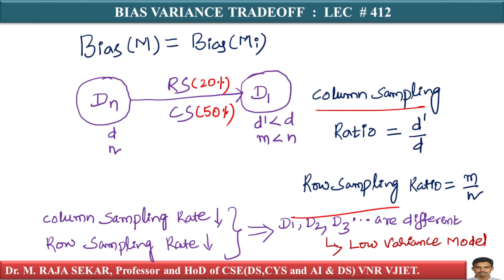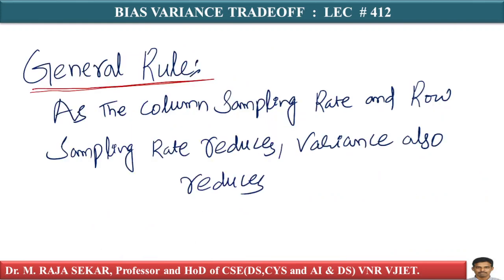But of course, you should not keep your row sampling rate so small. For example, if you say row sampling equals 0.1%, then you may not have enough points in D1 to train a model. So keep them at a reasonable level and play around with them. But the general rule here is, as column sampling rate and row sampling rate reduce, variance also reduces.